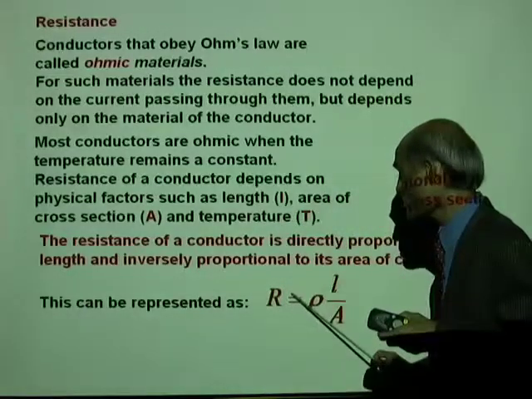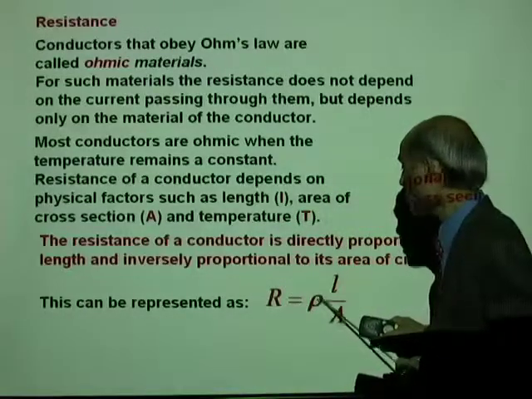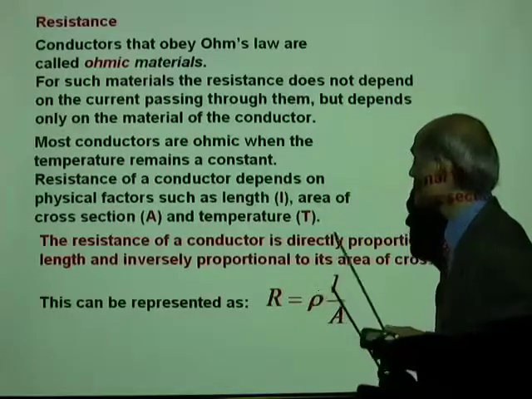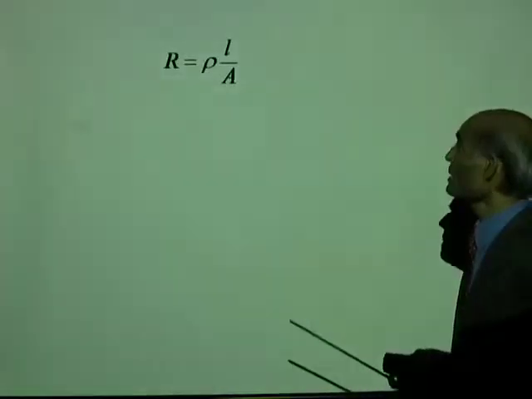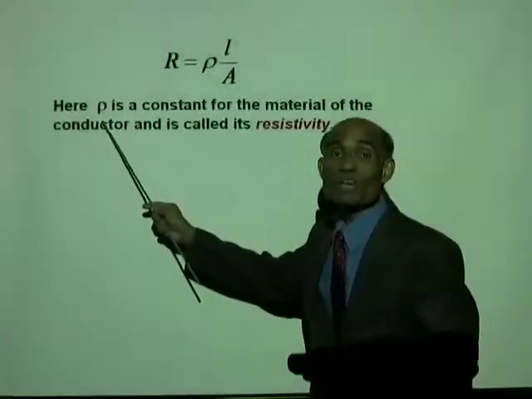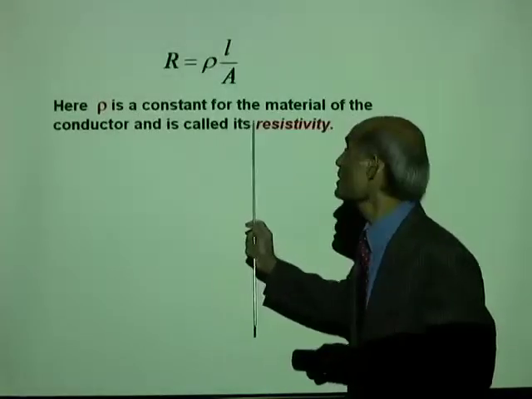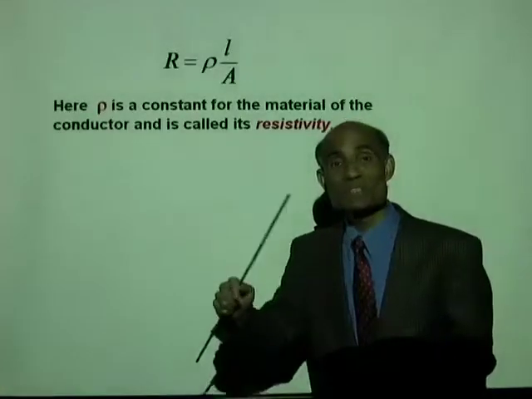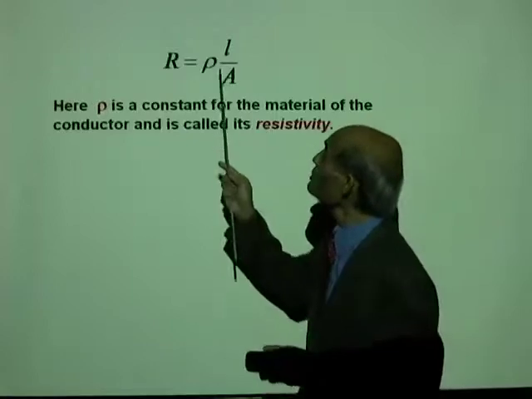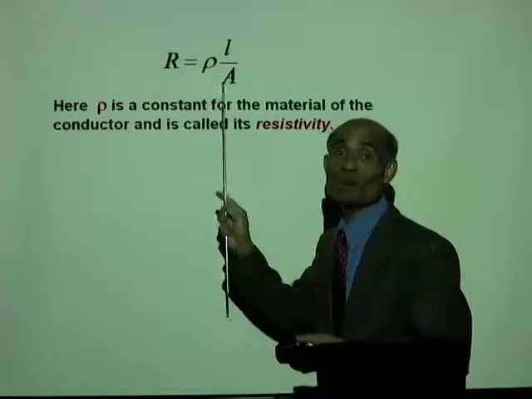Resistance of a conductor is equal to a constant times length divided by the area of cross-section, R = ρL/A, where rho is a constant and it is called the resistivity of the material. Can you tell me the unit of measuring rho?